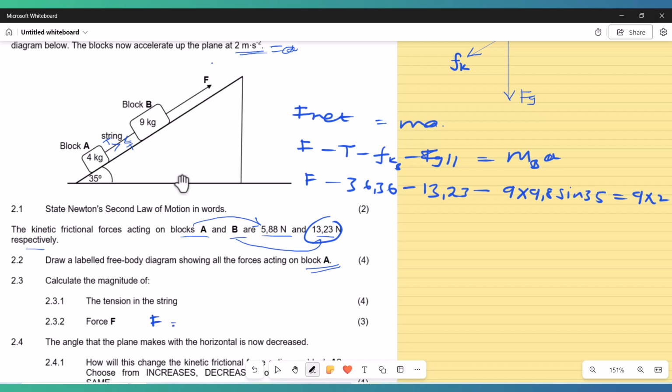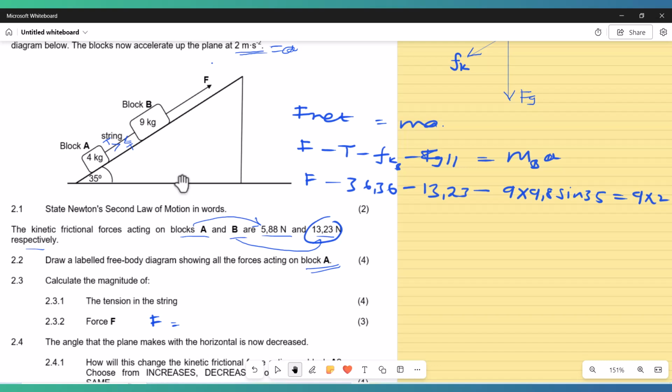So can I have the final answer for the force F? Anybody with a calculator? We are going to say 9 times 2, which is 18, then plus 36,36, and then plus 13,23, then plus, open brackets, 9 times 9,8, then times sine 35.